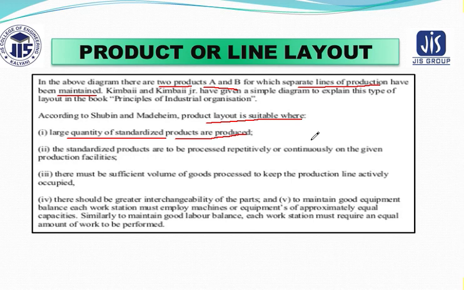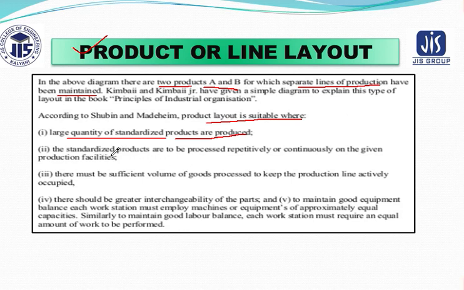So whenever there is a large quantity of standardized product, you can go with the product or line layout, because you are generating only one kind of product, or less variety of product. When your variety is less, the quantity of production is more.